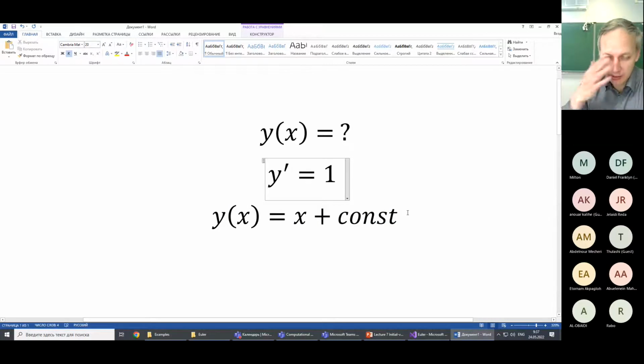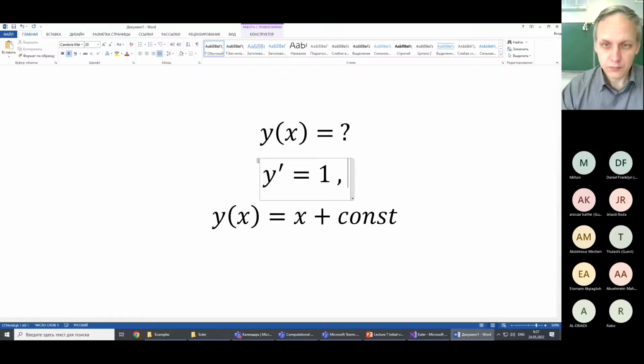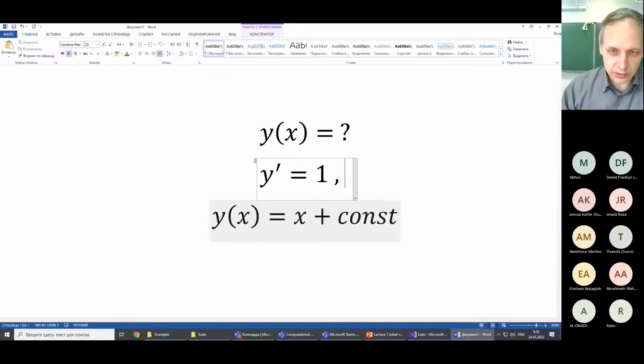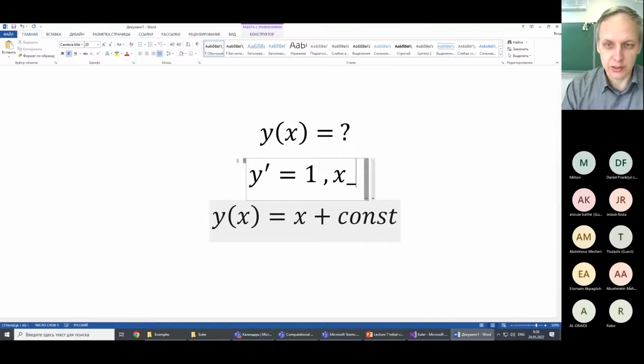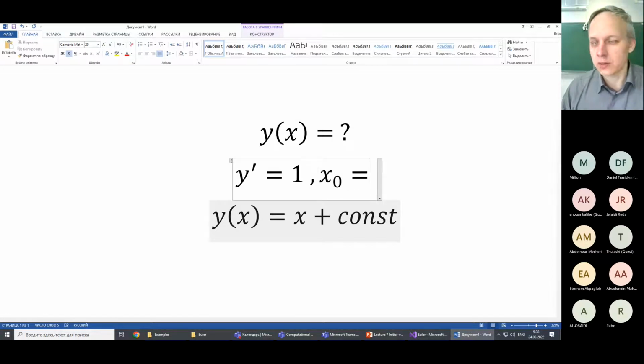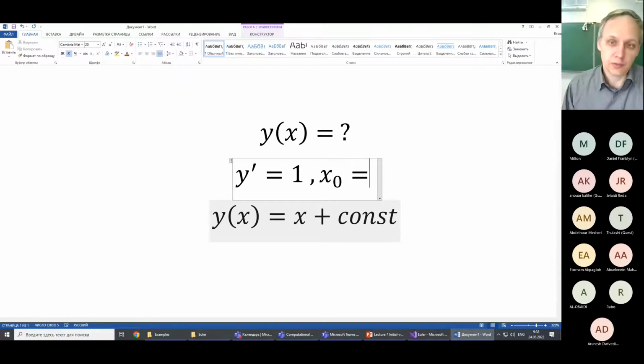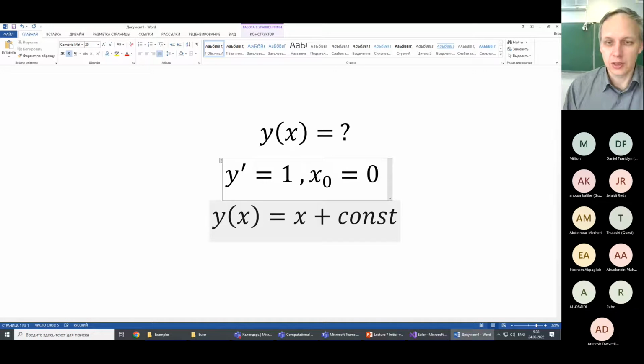It means that I have not only this equation, but also some point x0 that is called the initial point, and I know the value at this point. It can be any point, but I know it. Let's consider x0 equals 0.